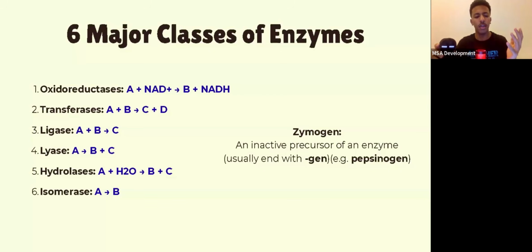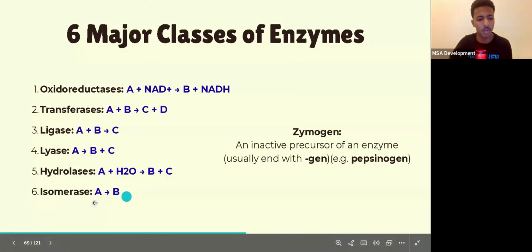So if we start with A, you're gonna end up with a different A, like a flipped A or whatever, it's gonna be B. So if we have this Enderman plushie over here and we take its head off and attach it to its side, it's still gonna be the same number of atoms totally, but it's gonna be a different look, and therefore they're gonna be isomers. So we're going to start with one compound, we're going to end with one compound. However, they're different, no new atoms added to the entire thing.